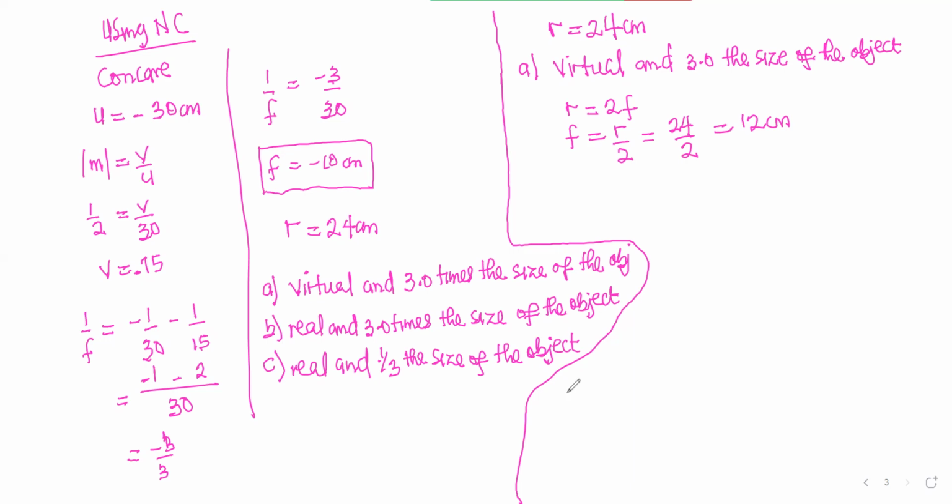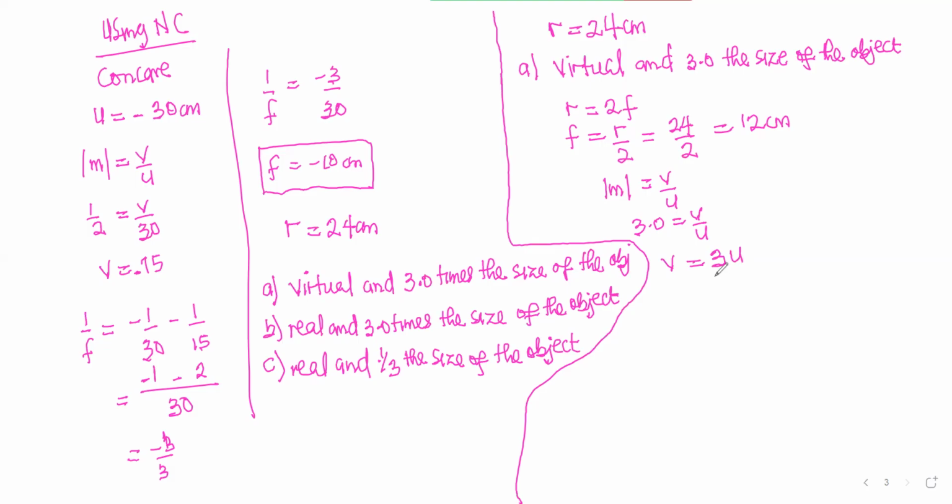Now, we are given the linear magnification, and this is 3 times. So we have 3.0 is equal to V over U. We don't have V and we are looking for U. So it means that V here will be equal to 3 times U.